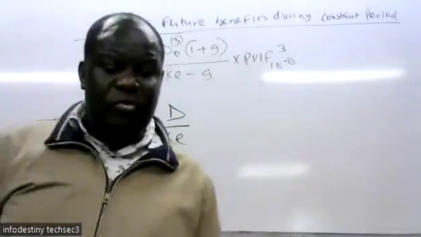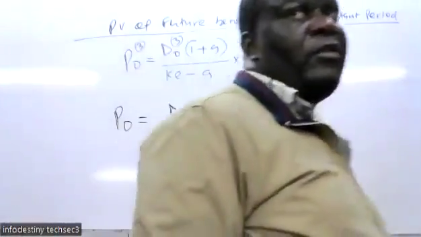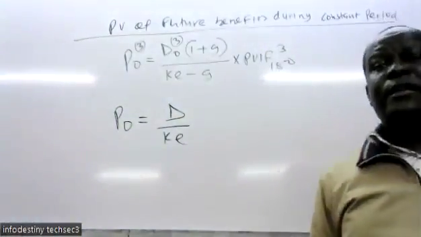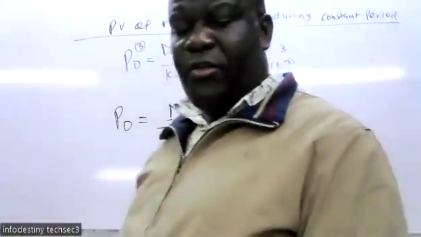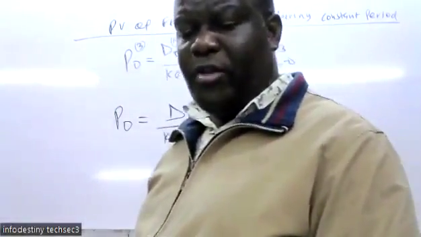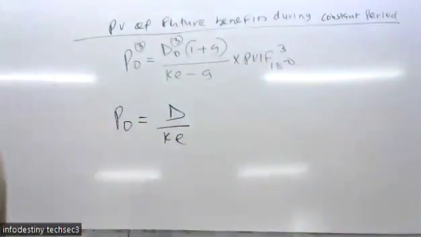So that now concludes the valuation of the ordinary share. Let us now go to valuation of the fixed return securities. We now have a brief subtopic as valuation of the fixed return securities.